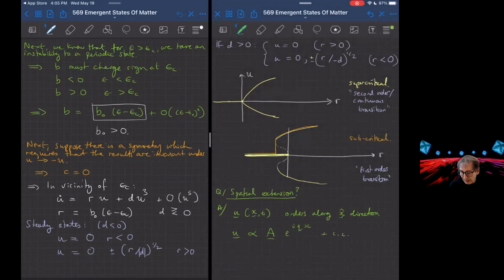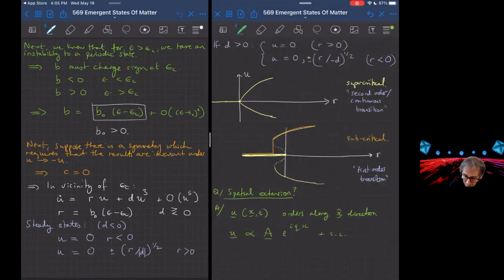And let's suppose we just focus on one particular component. Then every component of u will have an amplitude and a phase.